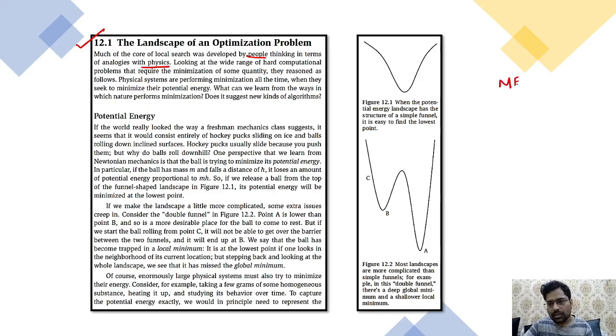Mechanical energy includes two different kinds of energy: potential energy and kinetic energy. As you have already read about this, I'm just reminding you once again. Potential energy is, suppose there's a height, like you are climbing a hill.